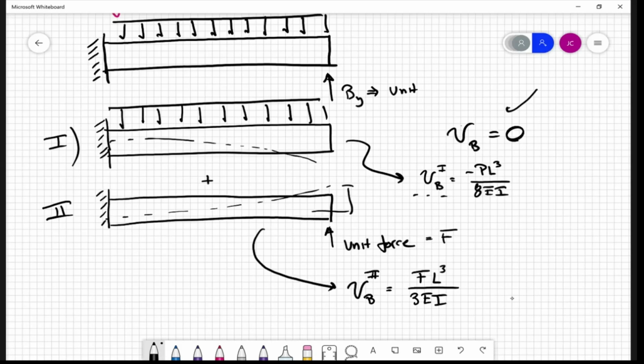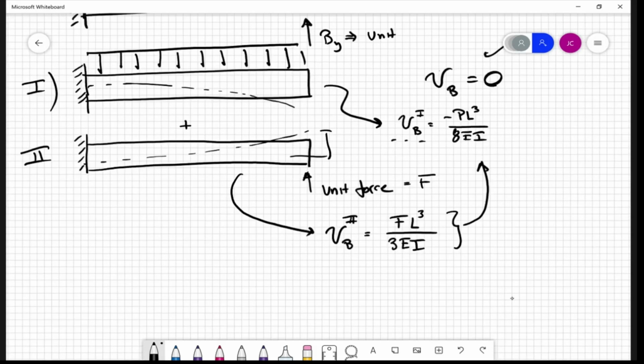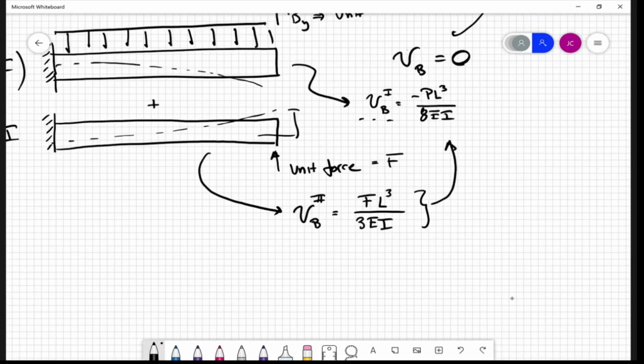So we need F such that this term is equal to the negative of that term. If we add those two displacements up, we want that to go to 0, correct?